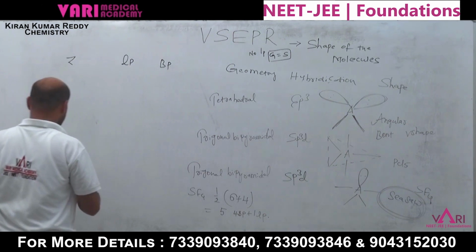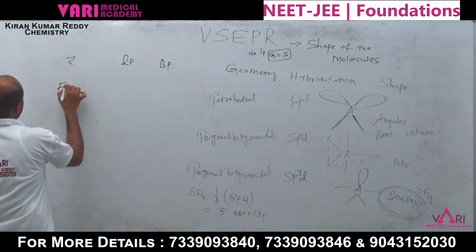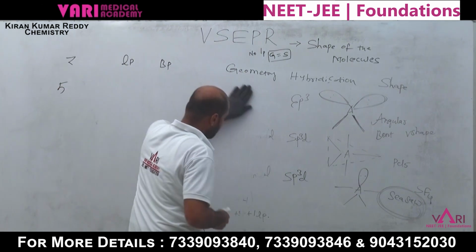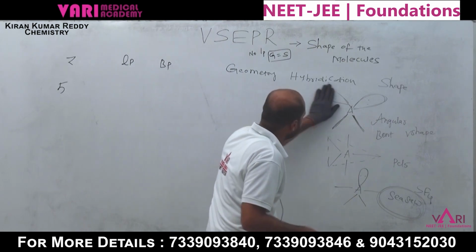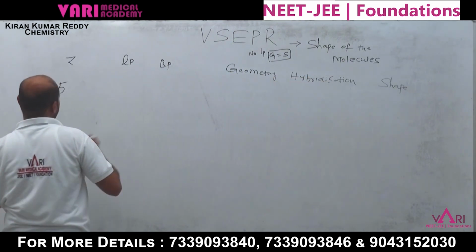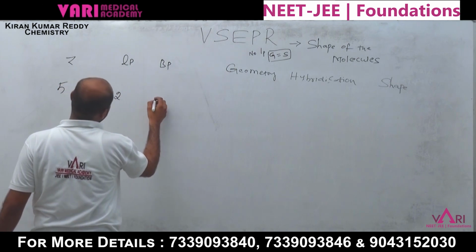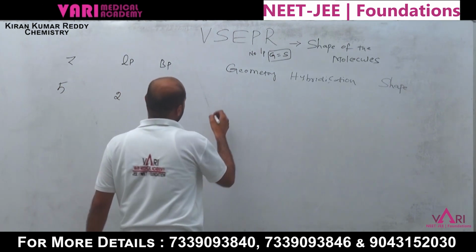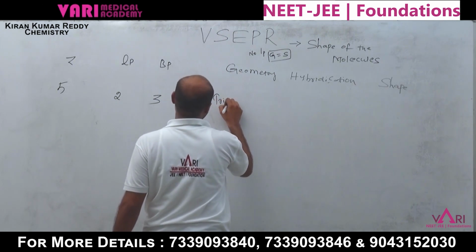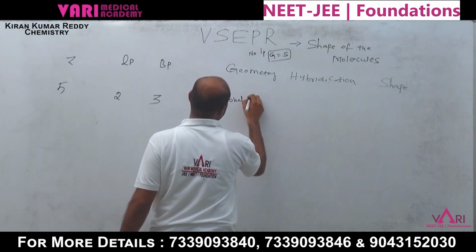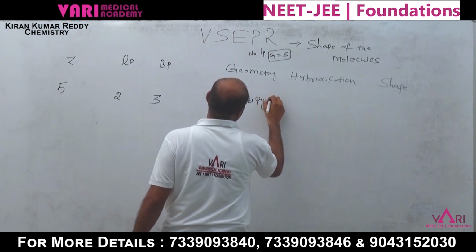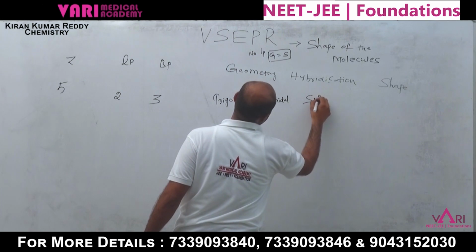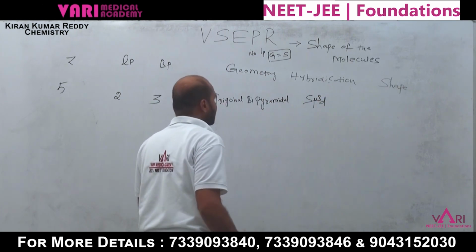Next one is hybridization 5. Here I am taking Z is equal to 5. The geometry is not tetrahedral; 5 means trigonal bipyramidal. Next, Z is equal to 5, lone pairs are 2 and bond pairs are 3. Now I am taking the geometry trigonal bipyramidal, and the hybridization is sp3d hybridization.